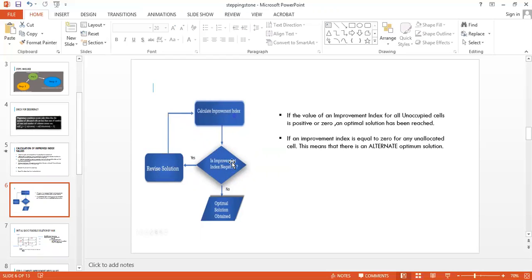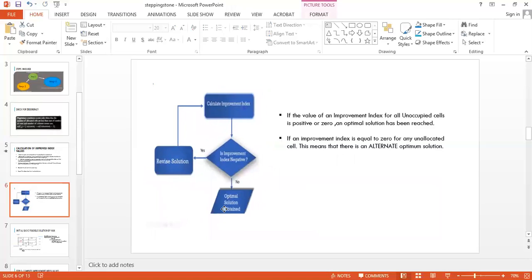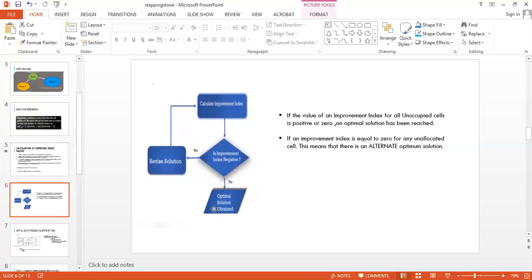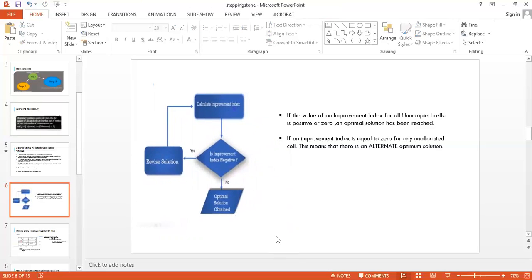So this is an iterative approach. As long as the condition is true, we go back and compute the solution. Once the condition becomes false, we come out of the loop and an optimal solution will be obtained.